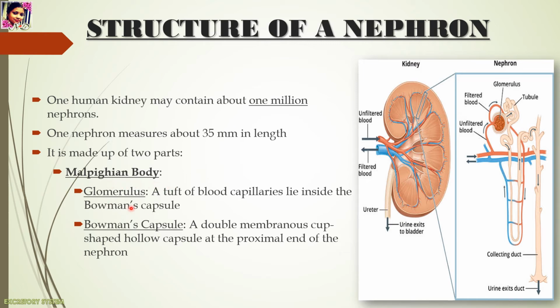The Malpighian body contains the glomerulus, a tuft of blood capillaries that lies inside the Bowman's capsule, the cup-shaped structure which is double membraned and hollow. In the hollow space, the tuft of blood capillaries lie. The Malpighian body lies at the proximal end of the nephron, that is the starting point where the filtration starts.